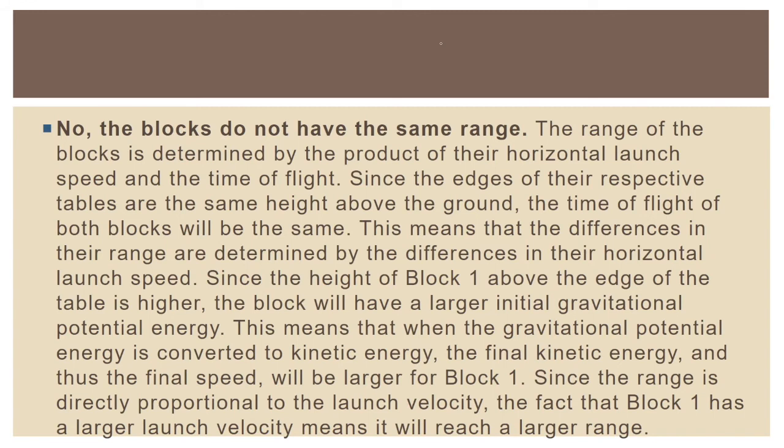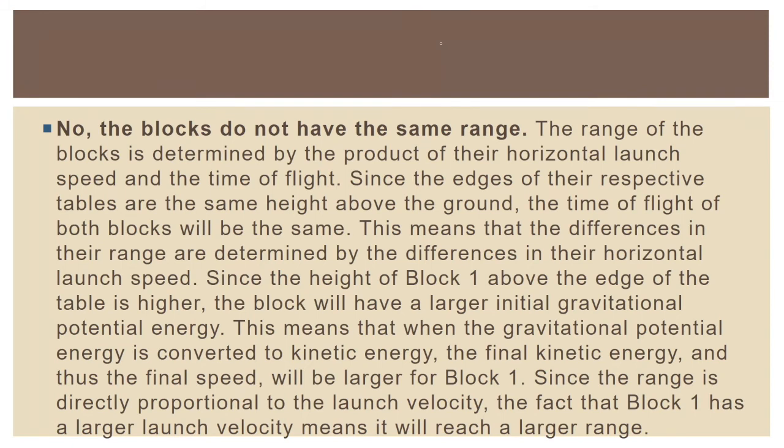The range of the blocks is determined by the product of their horizontal launch speed and time of flight. Since the edges of their respective tables are the same height above the ground, the time of flight of both blocks will be the same. This means that the differences in their range are determined by the differences in their horizontal launch speed. Since the height of block 1 above the edge of the table is higher, the block will have a larger initial gravitational potential energy.